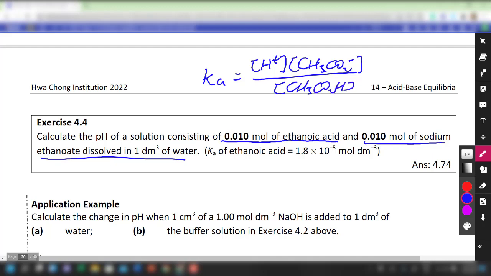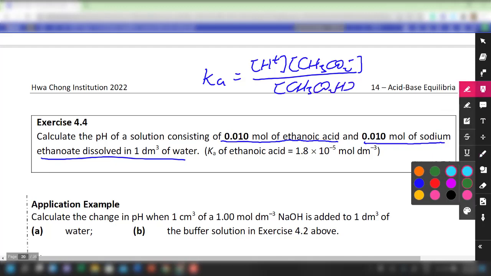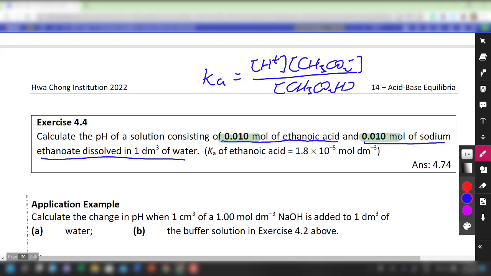And because I have a substantial amount of ethanoic acid and sodium ethanoate, I expect the equilibrium amount to be the same as this. And because both amounts are the same, they will cancel out. It doesn't really matter here because 0.010 divided by the volume term will also cancel out.